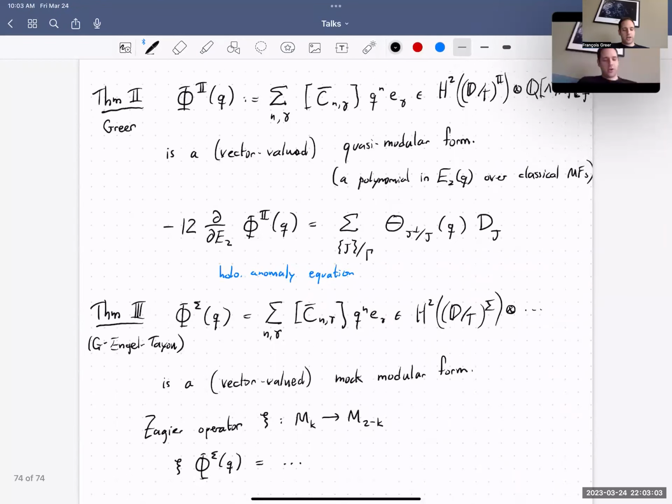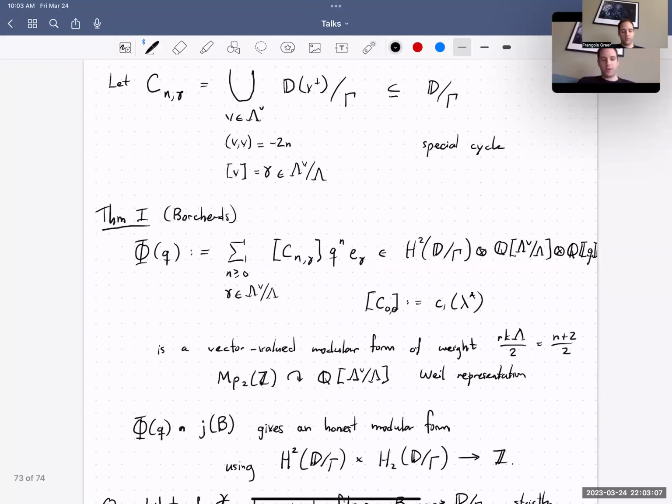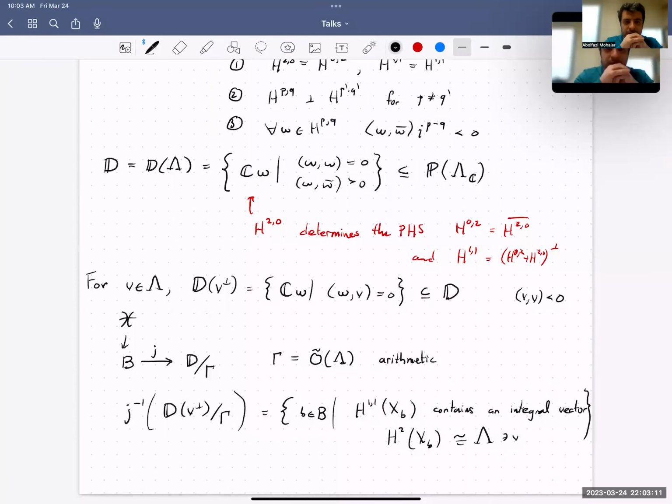Yeah, that's a great question. I was just assuming that gamma was the full arithmetic group, so the full automorphism group of the lattice that I started with. You're right that in order to define the period map, it's sufficient to just quotient by the smaller group, which is just the monodromy of your particular family. But I'm quotienting by a larger thing.